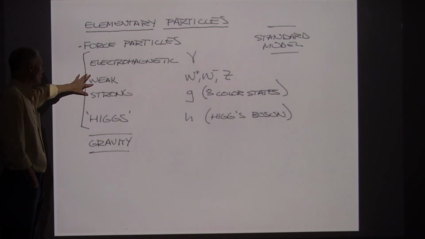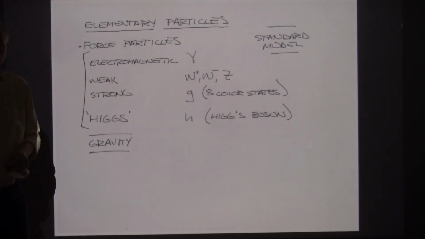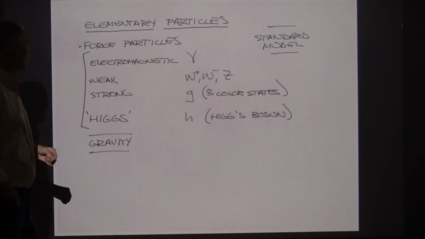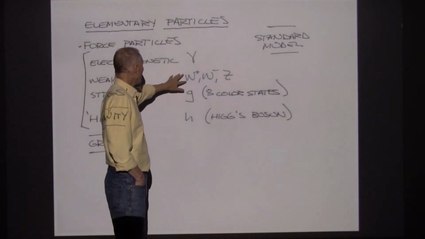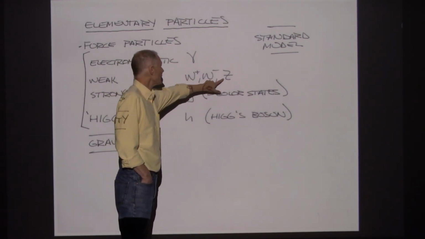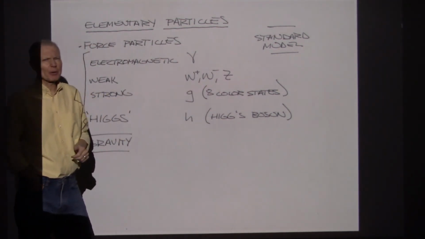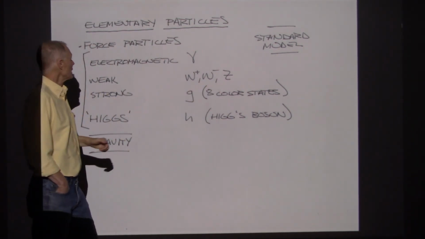Now the weak force, we've seen this when we looked at beta decays within nuclear radioactivity. These forces are mediated by particles called the W plus, the W minus, and the neutral Z. And when you see the Z, you figure we're getting close to the end, right?